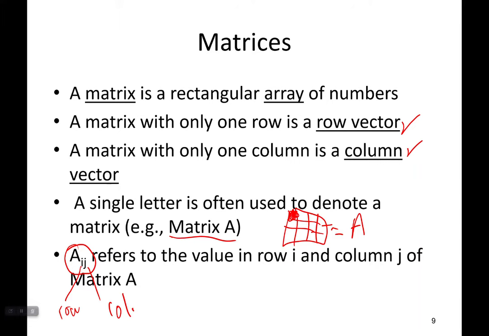Aij refers to the value in row i and column j of matrix A. So if I say A11, that's going to be the first row, first column. If I say A12, that would be the first row, second column. So that's how I'm going to refer to items in matrices in Excel, using row column identifier, or Aij.